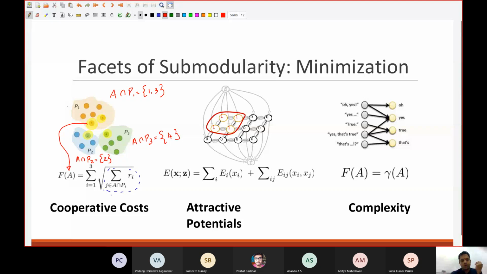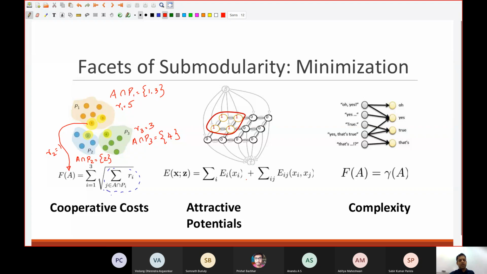So Ri is like the reward cost associated with Pi. So let's say R1 is 5, R2 is 3, R3 is 3, and R4 is, let's say, 1. It's basically saying how much importance to associate with each. So I look at A intersection Pi, and for every point in that set, for example, 1 and 3 intersection with P1, I'm going to assign 1.